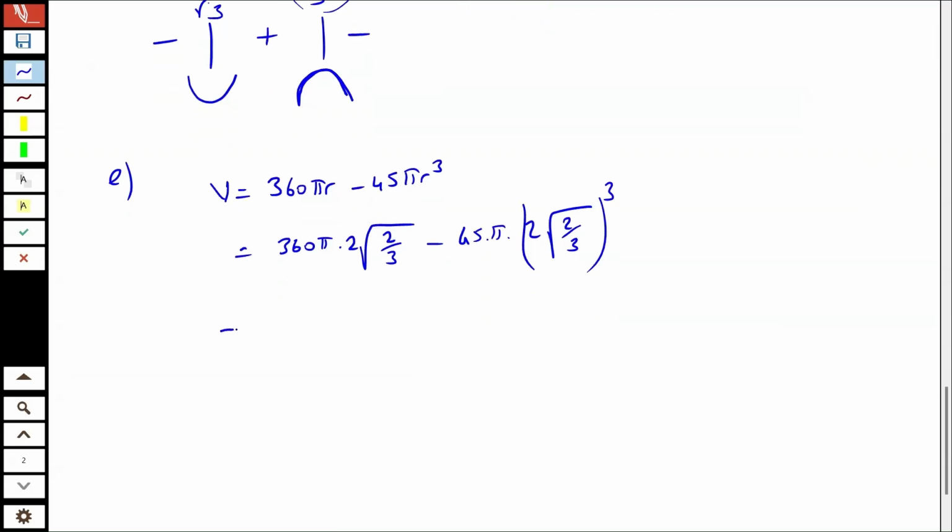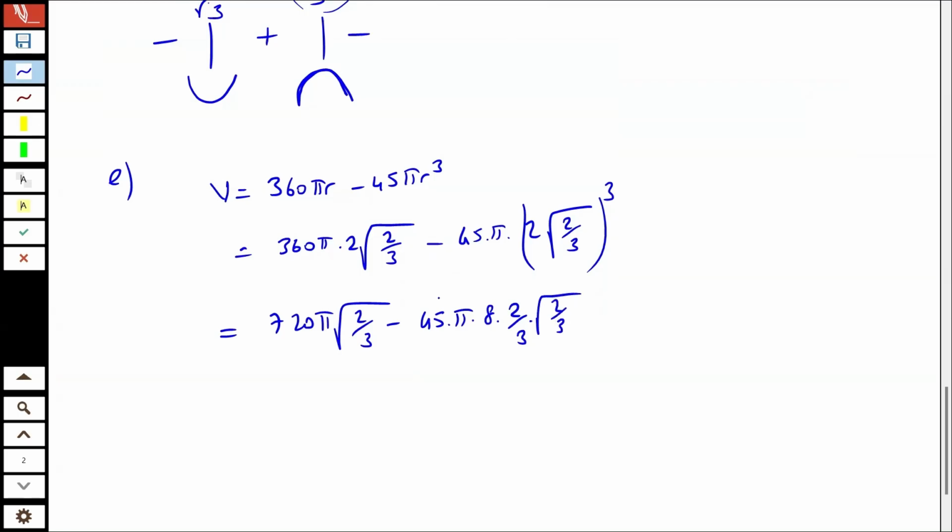So let's find this. This is 720 pi square root of 2 over 3 minus 45 times pi times 8 times 2 over 3 square root of 2 over 3.